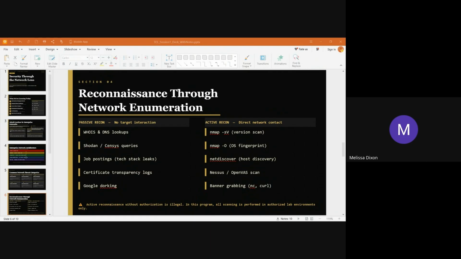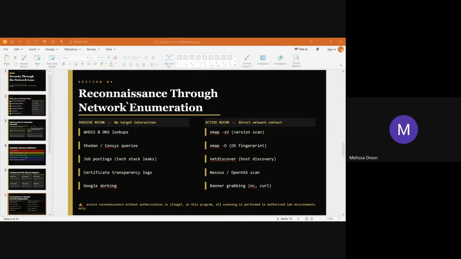Certificate transparency: crt.sh finds subdomains by looking at SSL certificate logs, which often reveals internal or staging environments. And then we have Google dorking. I don't know if you guys know a whole lot about that, but it's all legal and it's all revealing, and again, it's open source, right?